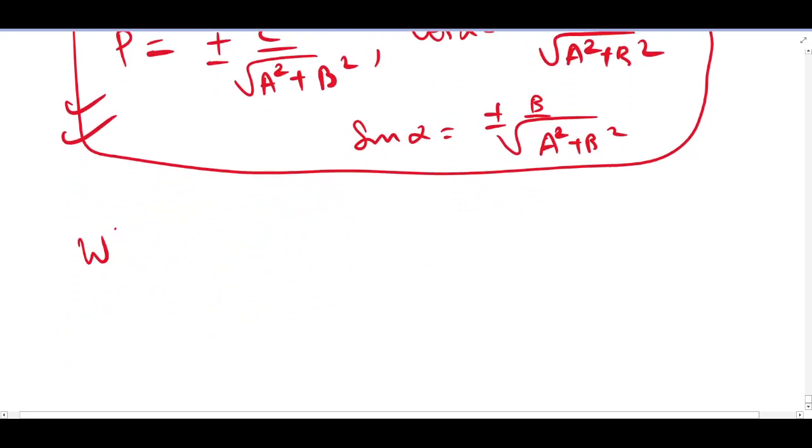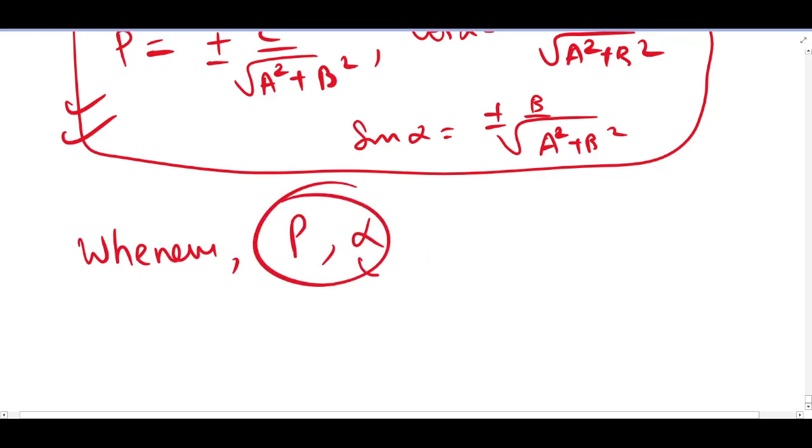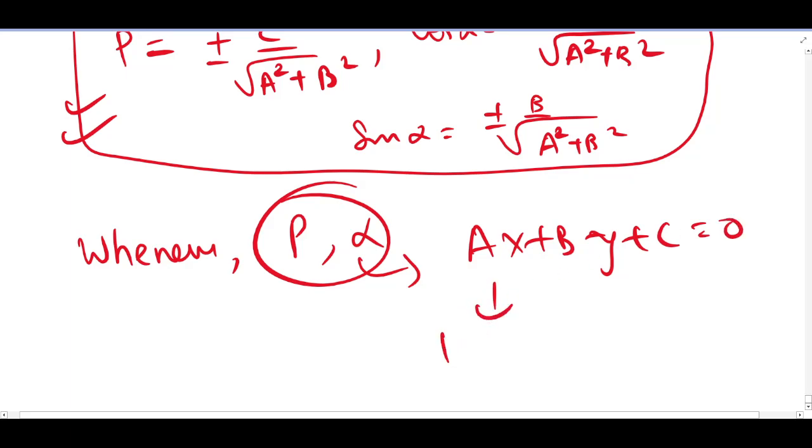So whenever we have p and alpha, then we can write ax plus by plus c equal to 0 in normal form.